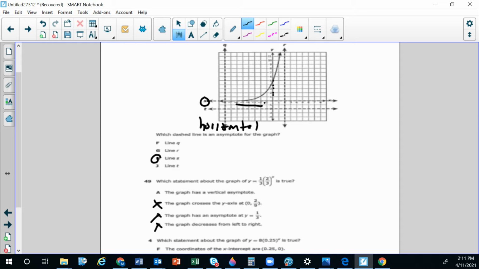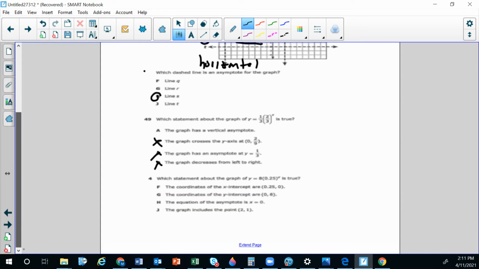And so your correct option is A, it has a vertical asymptote. In this case, it is R. And that's why I wished in this question they had clarified which asymptote they're looking for. All right. Good. Let's move on to the next one.